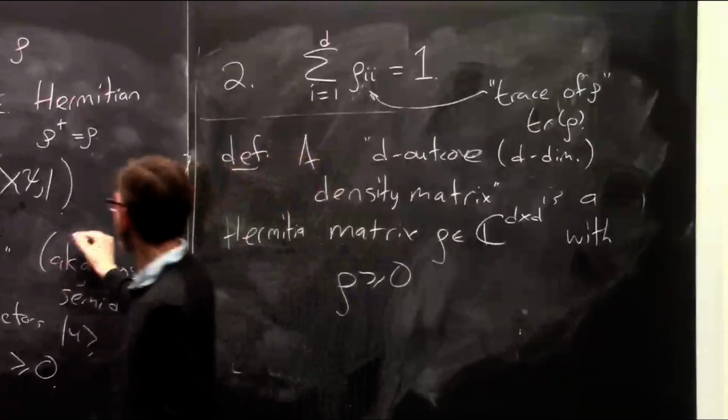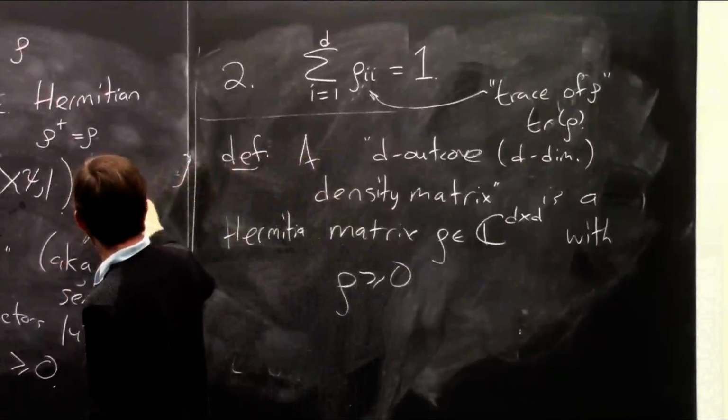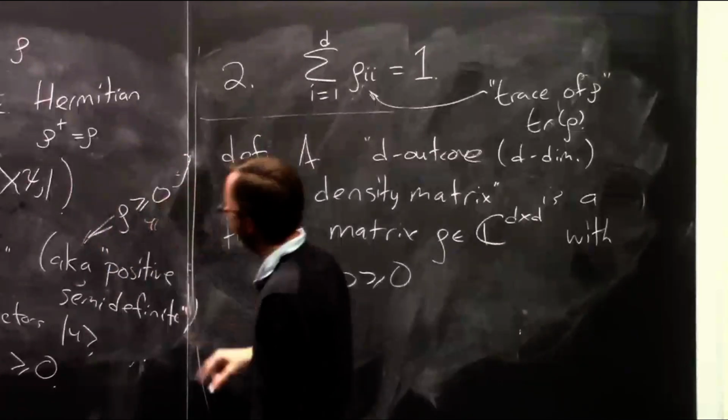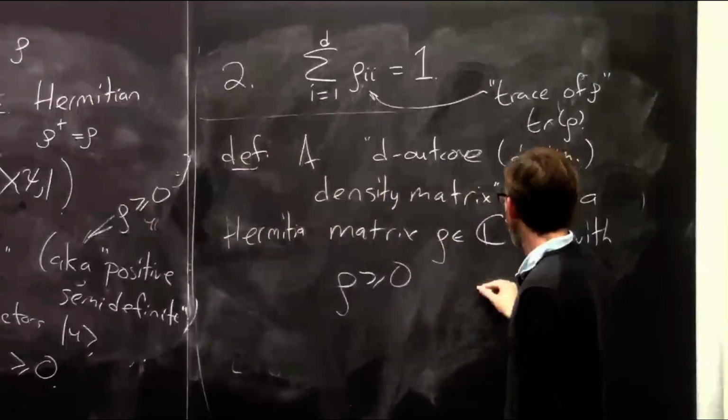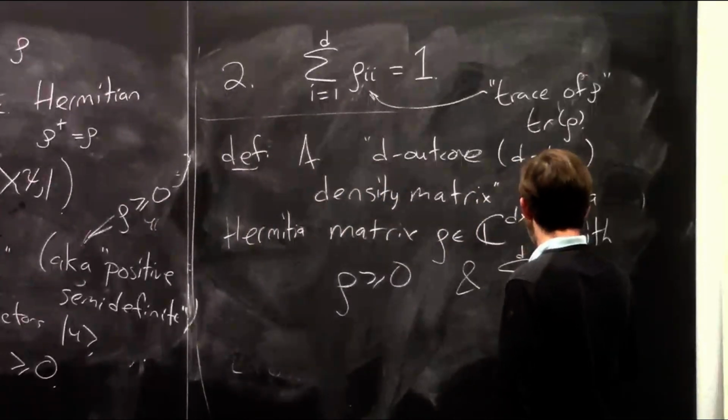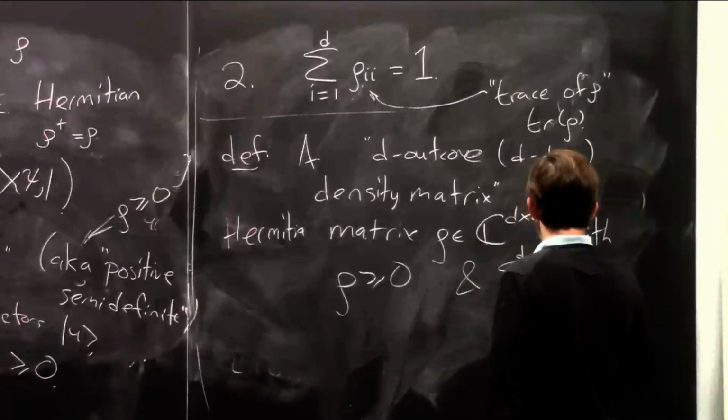This positive condition is sometimes written like this. Some people like to do it with squiggly things, but we'll just write it like this. And property 2: the sum from i equals 1 to d of rho ii equals 1.